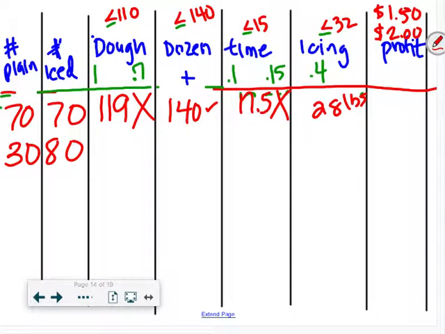So 30 and 80 only equals 110, but what we liked about this one was we were maximizing 32 pounds of icing. 59 and 80, good.